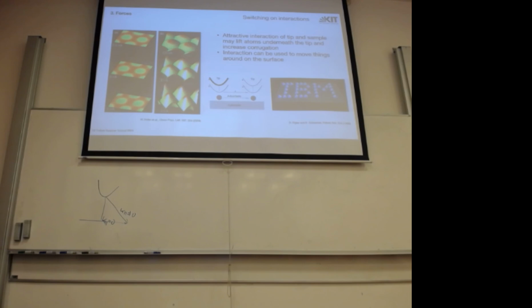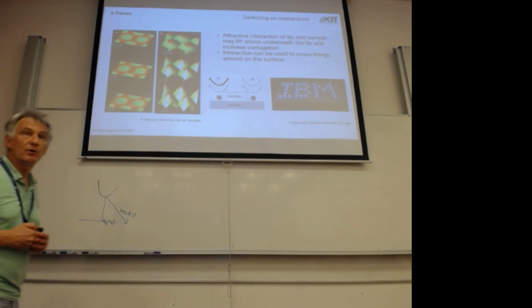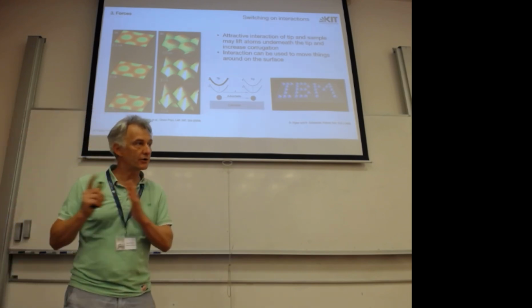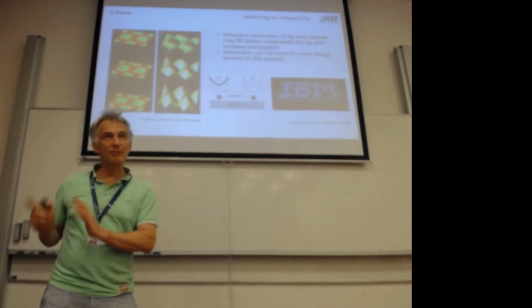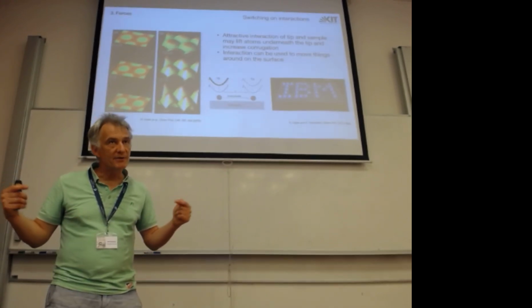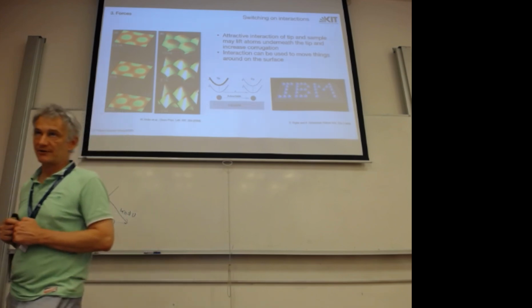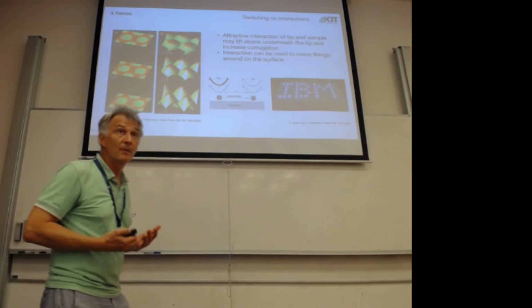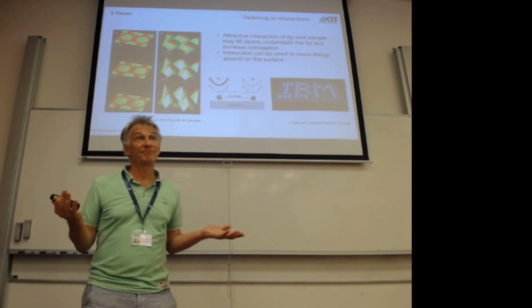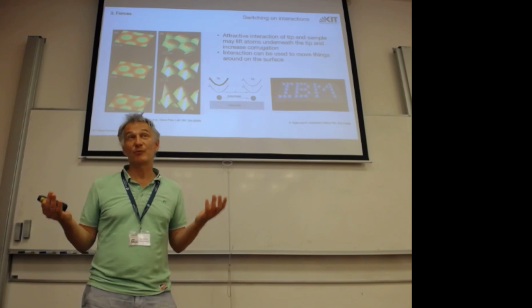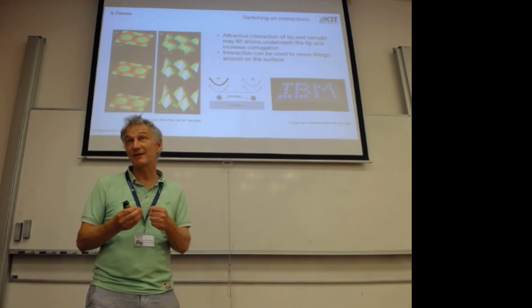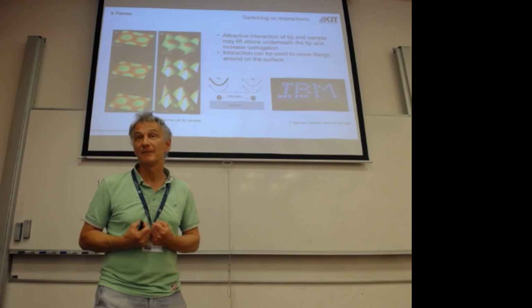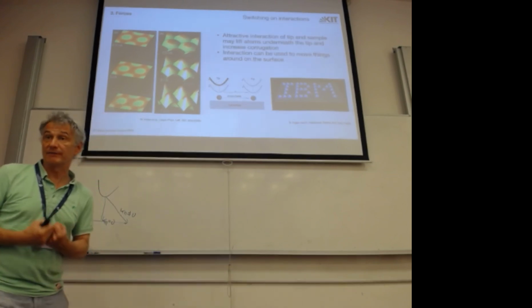The answer is the Bardeen approach, where we solve the Schrödinger equations for tip and sample separately. If you bring tip and sample very close, this is not a good approximation anymore, because the system now acts as a combined system. And you have two metals. What will happen if we bring a metallic tip close to another metal is that bond formation begins, and bond formation means forces.